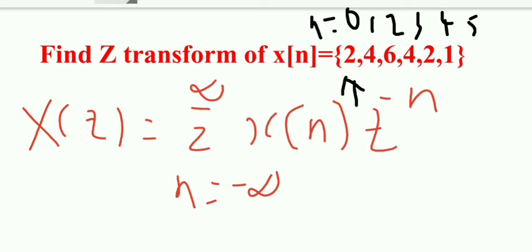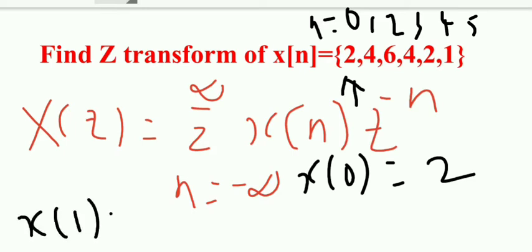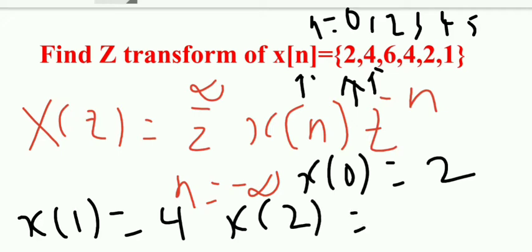So x of 0, that is n equal to 0, I am having 2. When I substitute n is equal to 1, x of 1 is 4. Similarly, n is equal to 2 means x of 2 has a value of 6. N is equal to 3, it is 4 again. N is equal to 4, it is 2. N is equal to 5, it is 1.